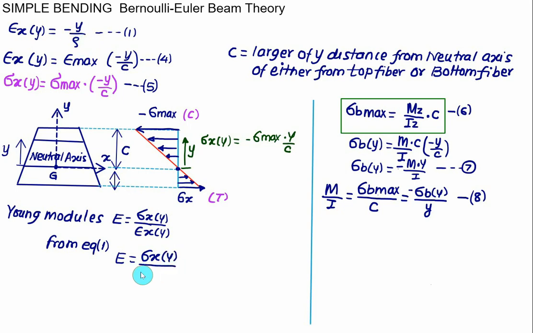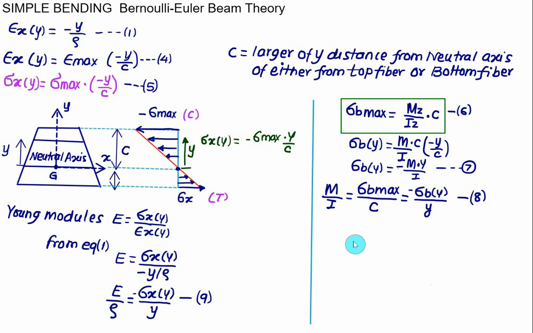So it is minus y divided by the radius of curvature. This radius of curvature will shift to the numerator and the Young's modulus to the denominator. So we have E divided by the radius of curvature rho equal to the bending stress, which is a function of y, divided by y, and it is a negative value. Let's say this is equation number 9.